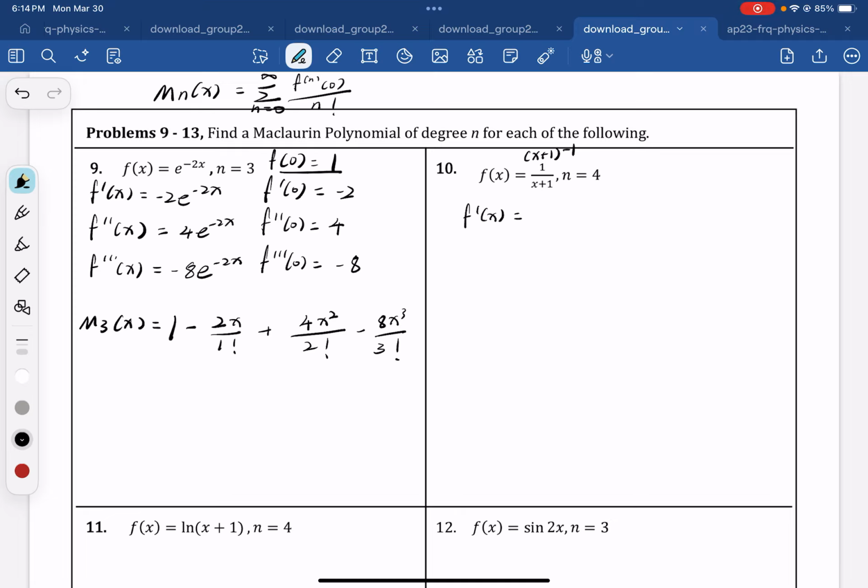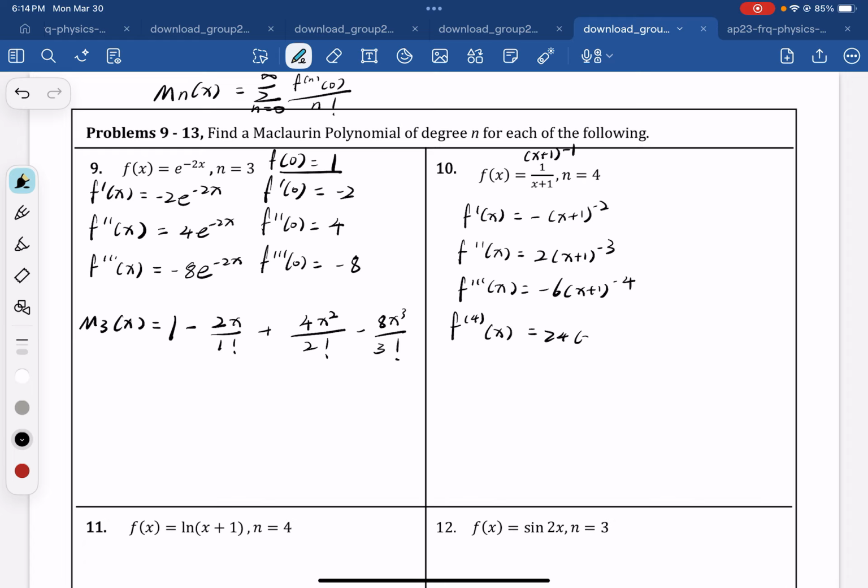And f double prime goes to 2 times (x plus 1) raised to the power of negative 3. And f third prime equals negative 6 times (x plus 1) to the negative 4, and f fourth prime of x equals 24 (x plus 1) raised to the power of negative 5.